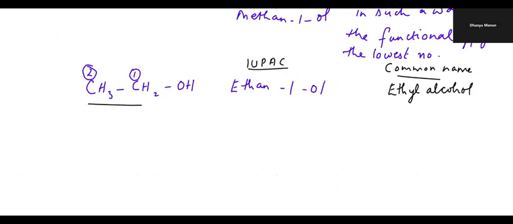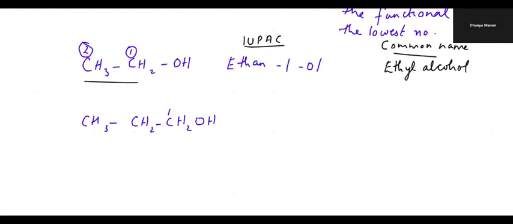Similarly, if I have CH3, CH2, CH2, OH, what would be the name? We start numbering from the carbon atom that has the functional group: 1, 2, 3.